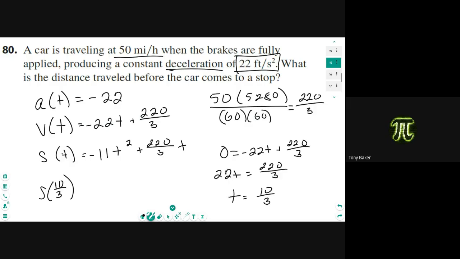Depending on your initial conditions, there could be a lot of other stuff before that point, but we're looking at when they hit the brake. That's the initial condition, and the car starts at 0 feet. How far until they've come to a complete stop?